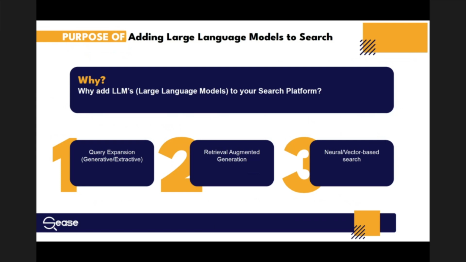And finally, what's been mostly used, I mean, these are just the three main ways of using large language models with search. There are many others, but neural and vector-based search is probably the third most popular way of interacting, and specifically using large language models to encode text to numerical vectors and then run top K retrieval on those vectors.